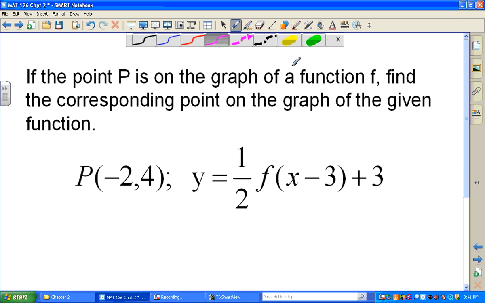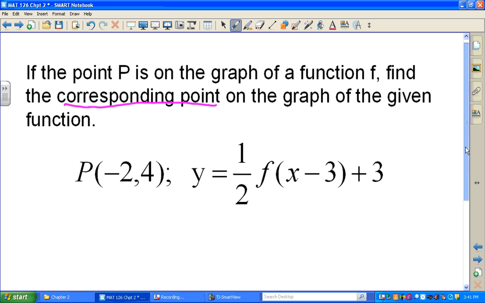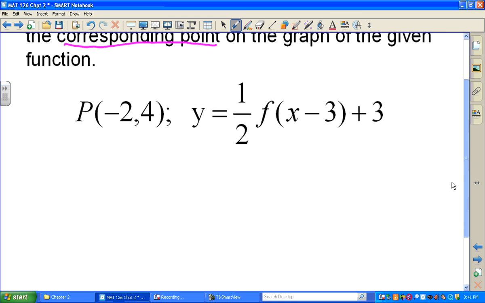If the point P is on the graph of the function f, find the corresponding point on the graph of the given function. I have no idea what this means. Oh! I think I got it. Jot this down and we'll work it out.